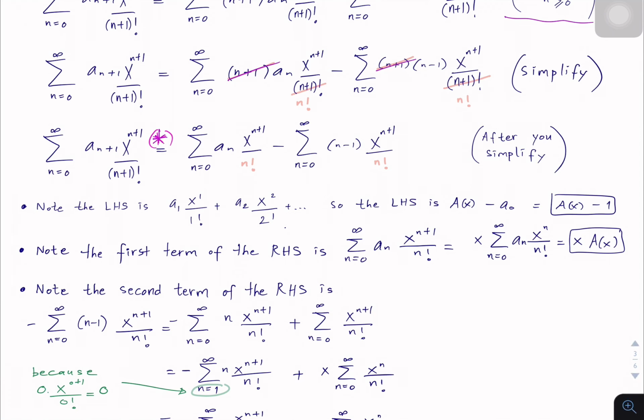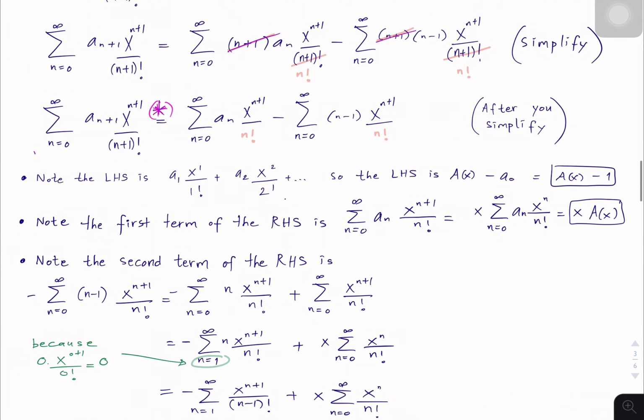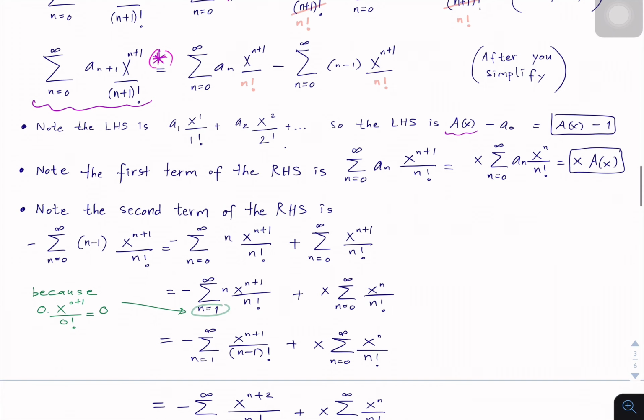Now if you look at the left-hand side, that's really the same as the exponential generating function, but we're missing the first term a sub 0. So the left-hand side is equal to capital A minus a sub 0, which is 1.